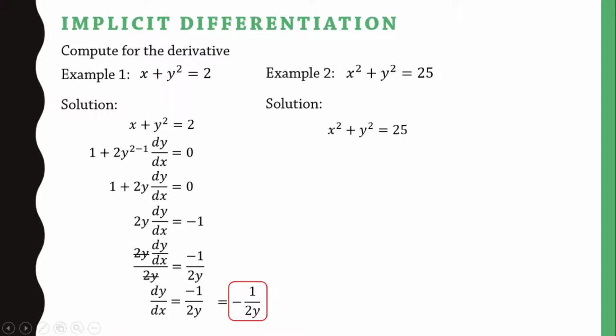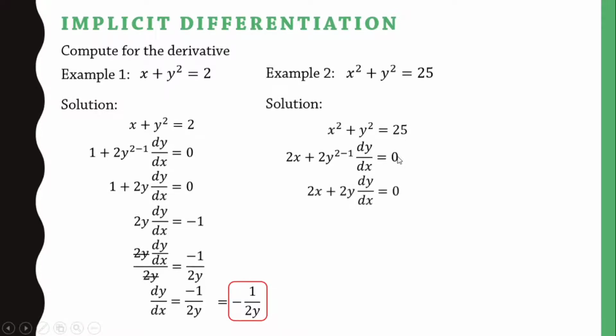So that's 2x raised to 2 minus 1, or simply 2x. Then, plus the derivative of y squared. So that's 2y raised to 2 minus 1. Then, since we are getting the derivative of a variable that is y, we put dy over dx, equals the derivative of 25, which is 0.